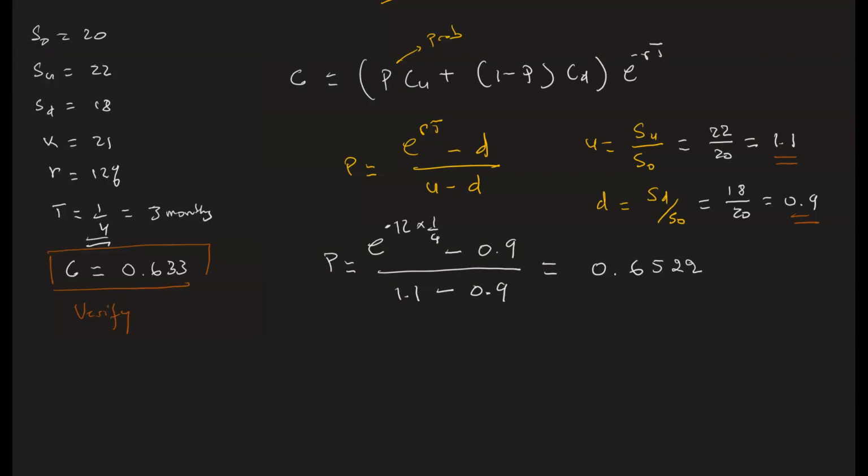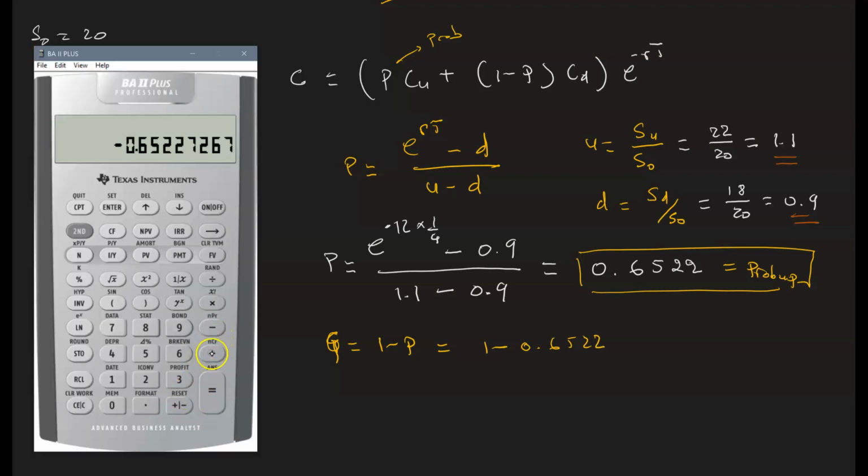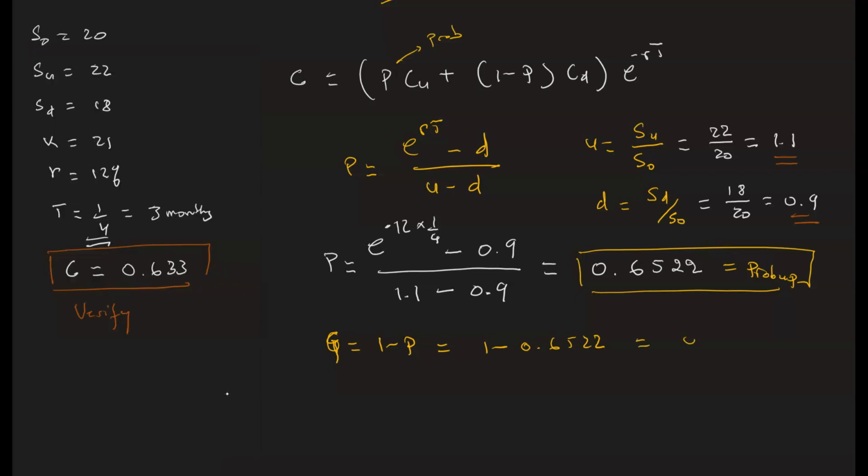That's going to be our P. Actually, I'm going to call that probability up, which means that Q, which is equal to 1 minus P, is going to be equal to 1 minus 0.6522. So I'm going to do this, minus plus 1 equal, 0.3477. So we're going to have 0.3477, and that's going to be probability down.